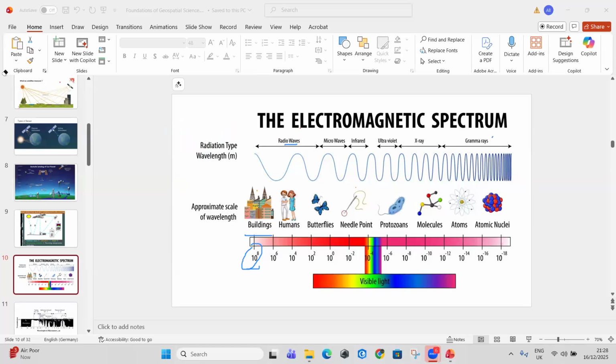So our human eyes have this characteristic that we are just able to visualize visible light. What it means is there is a certain extent of wavelength between here to here. The energy inside this zone can be viewed by human eyes.